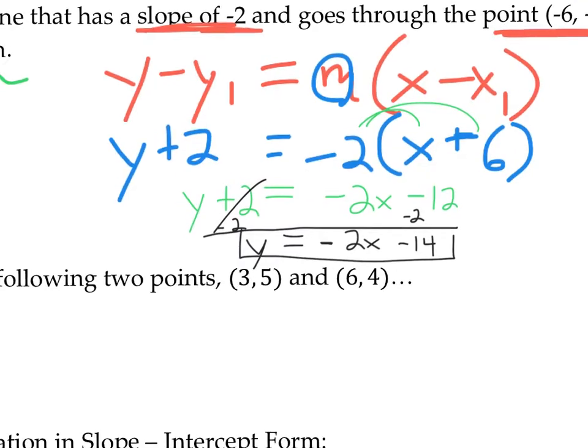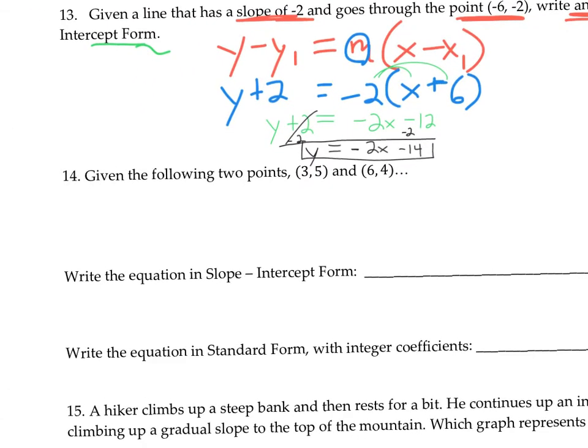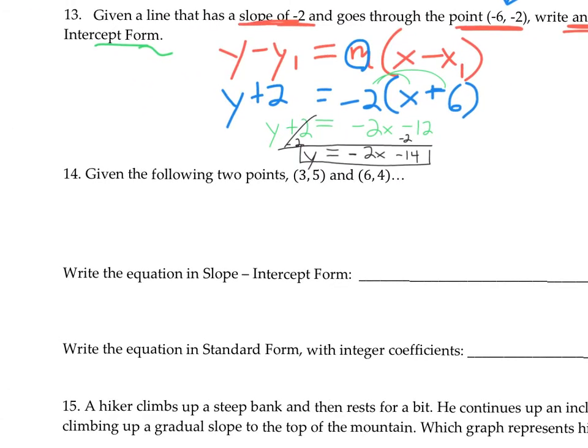All without a graph. You can use the same approach on 14. Point slope form is what you start with. Y minus y1, m times x minus x1. Here's maybe the tricky part. I don't know what m was. It wasn't given to me.